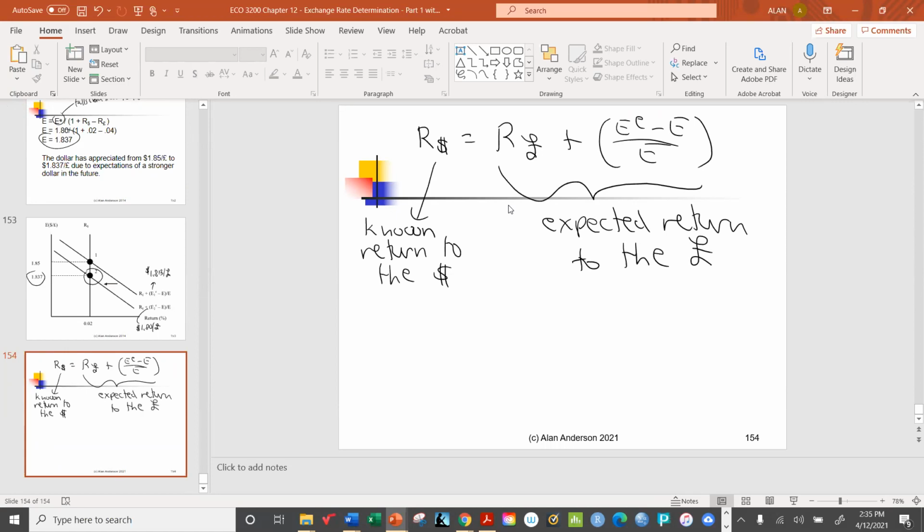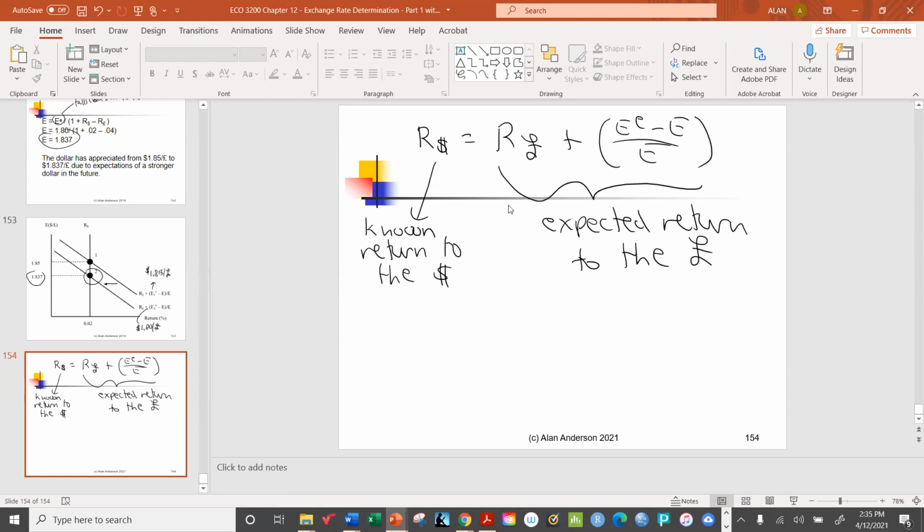Why do I say expected? Because the return to the pound depends on two things. Number one, the actual rate of interest we can earn by holding pounds. And secondly, the exchange rate change that will occur during the period in which we hold our deposits, in this case, euro sterling.